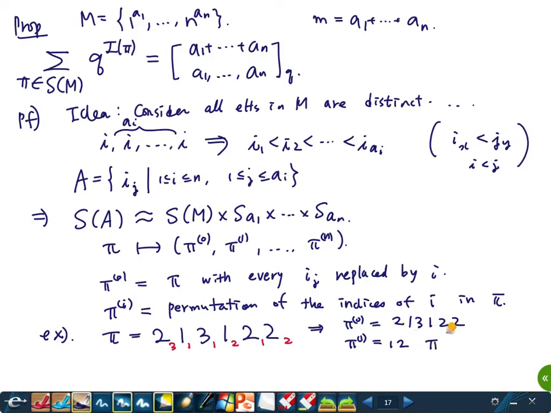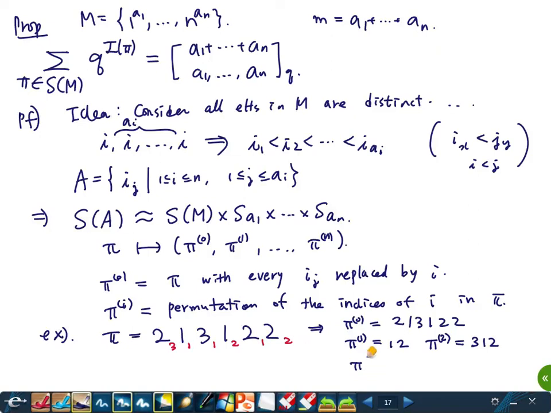Can you tell me what pi^2 is? Tell me. 3, 1, 2. Because you focus on the 2's and then you just record the subscript. 3, 1, 2.